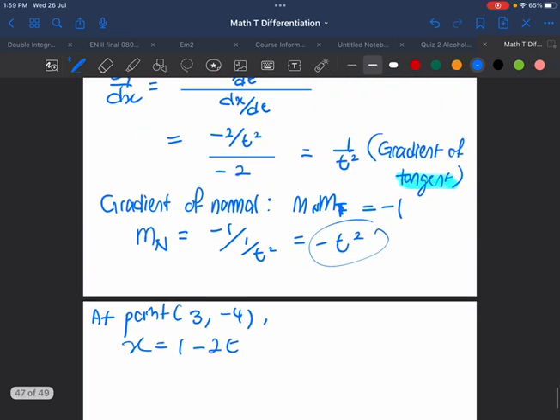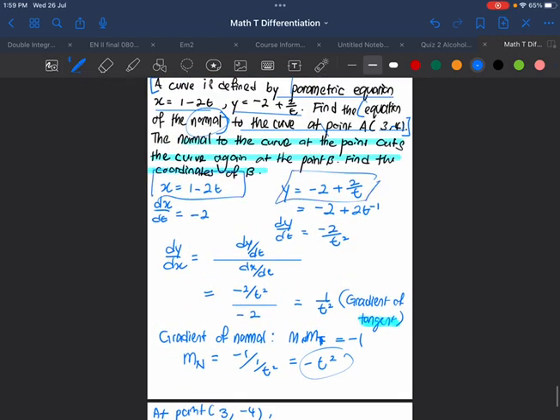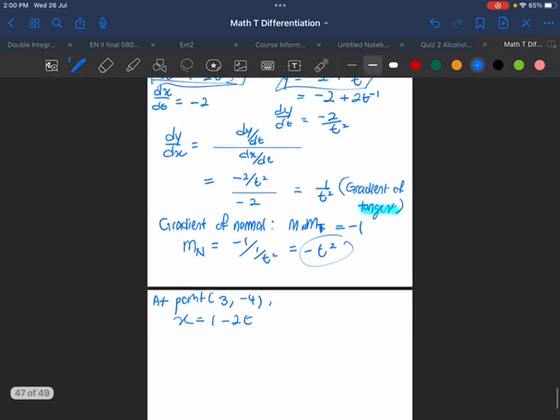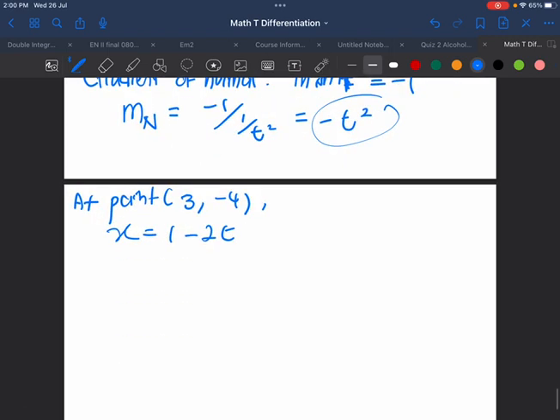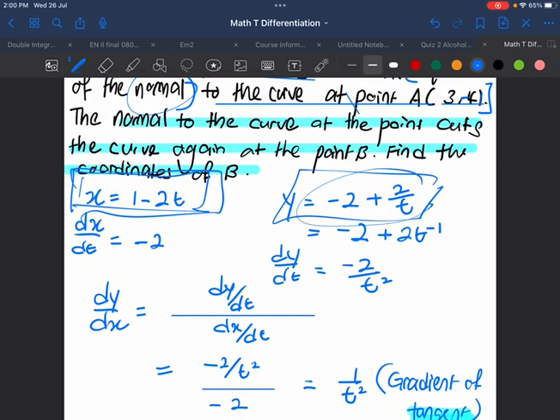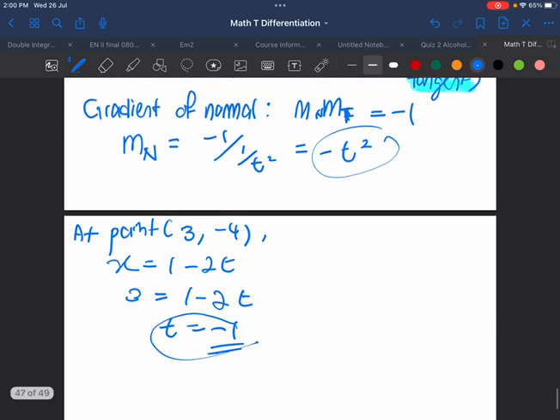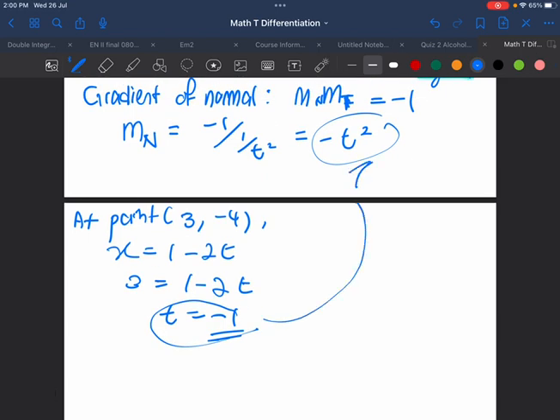We can use both equations, but of course I will choose this one because it is much easier. So x equals 1 minus 2t, we set it to 3, and we get t equals negative 1. You can substitute using y equals negative 2 plus 2 over t also, but I will choose the easier one. So I get the t value, and I can find the gradient.